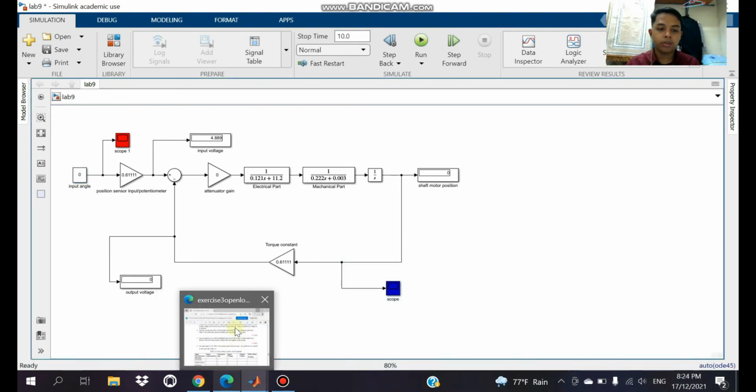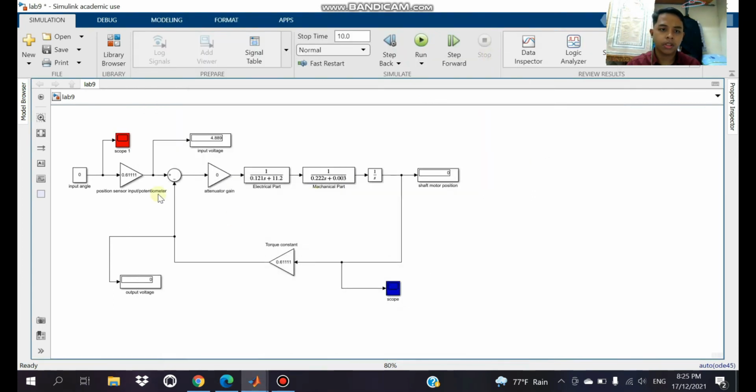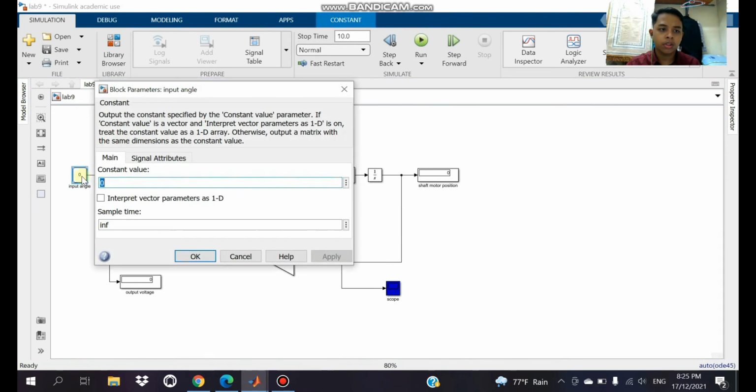And then I go to activity 2 for question 5. Increase step by step the value of attenuator gain from 0 till 10 and set input angle 0 and observe the shaft motor position. Okay, the attenuator gain is 0 and I switch the input angle to 4.